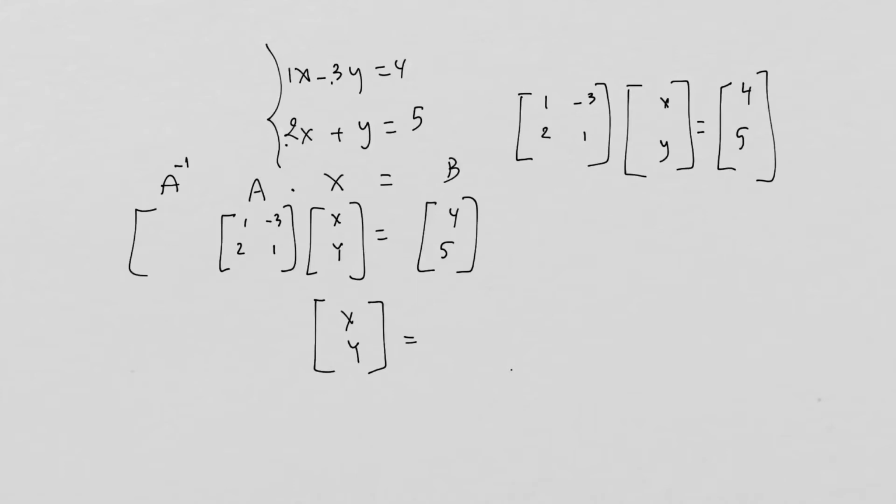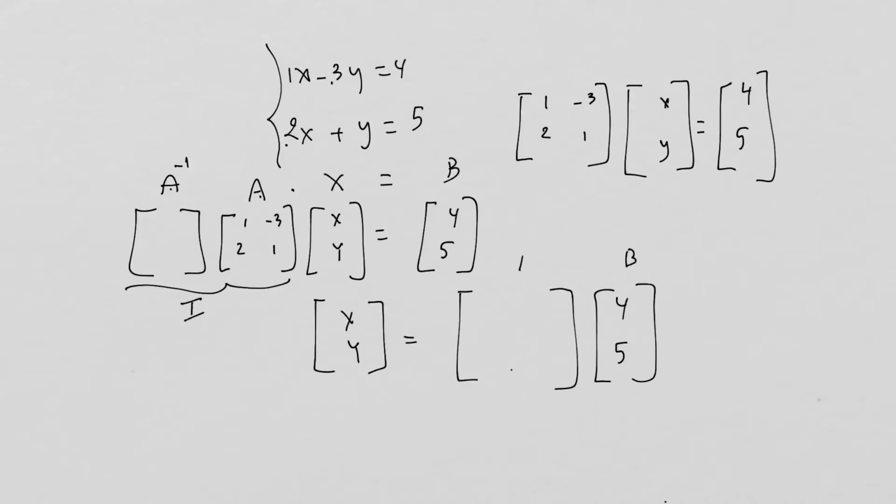If you multiply A by A inverse, you produce unity, 1, 0, 0, 1. And since I multiplied A by A inverse from the left-hand side, I would have to multiply this B by A inverse from the left-hand side. And that's how you would solve for x, the matrix x, which is xy.